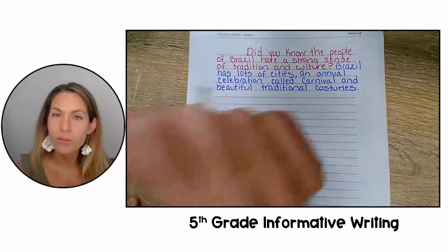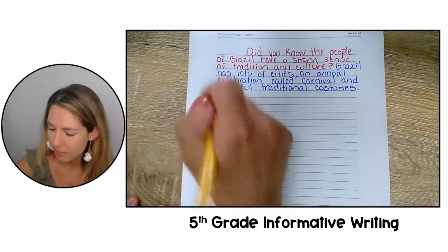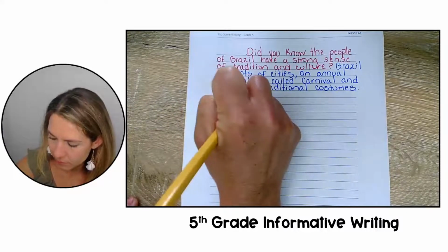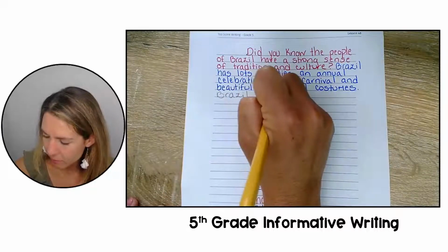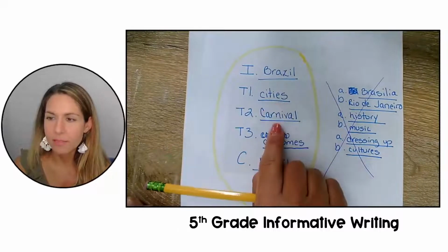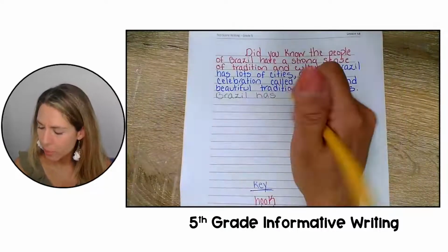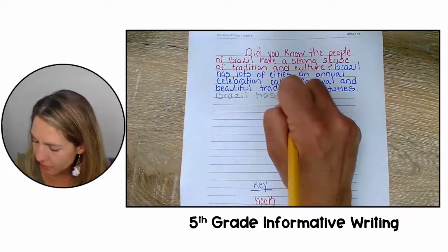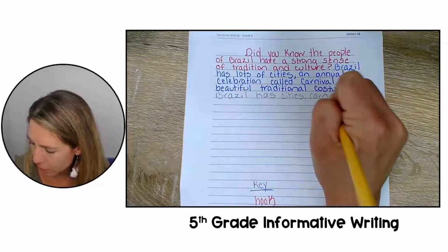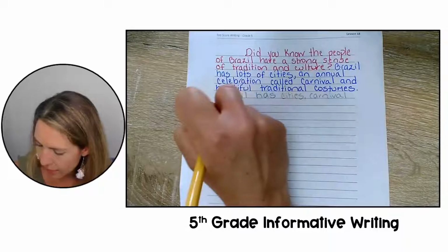We don't want to write our 3-topic sentence like this. Brazil has, and then just list our 3 topics: cities, Carnival, costumes. Brazil has cities, Carnival, and costumes.